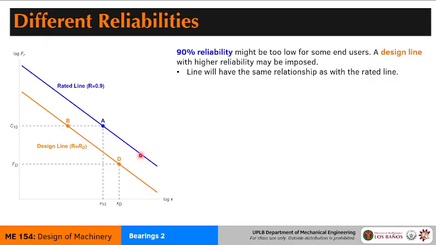As you can see here, this is the same load line behavior. So any 2 points on this design line can also be related by the previous load line equations. But there are just some intricacies. Let's look at the left-hand side.